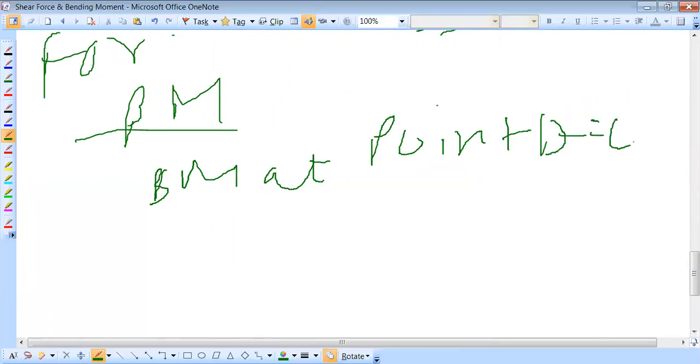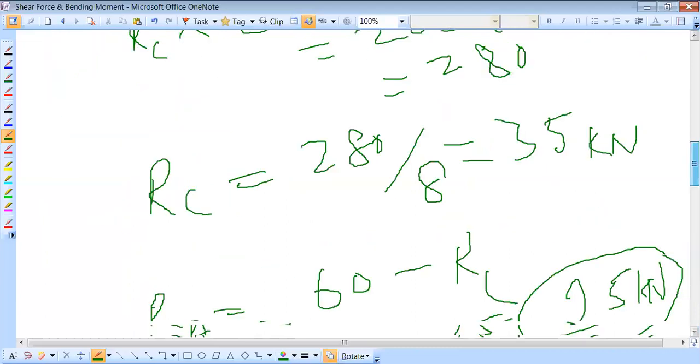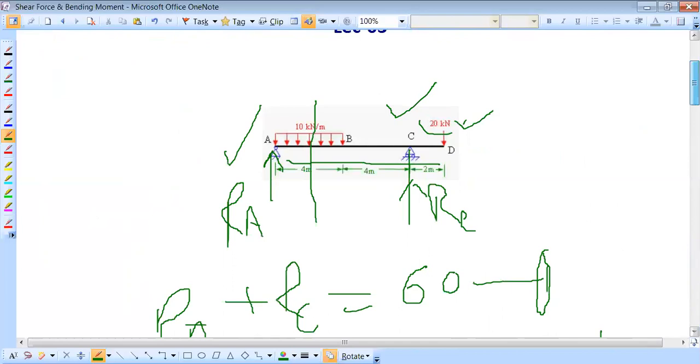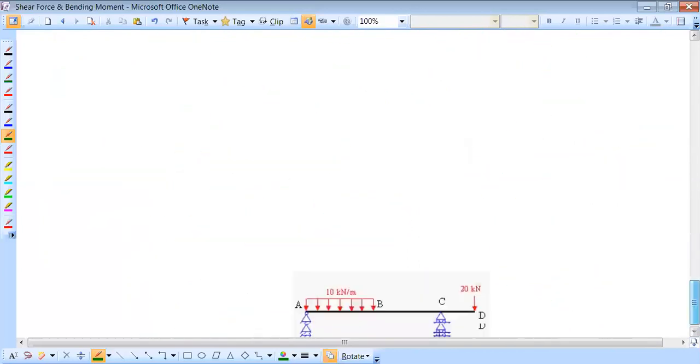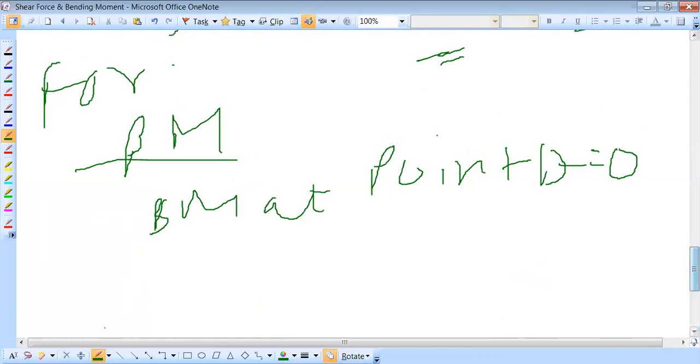That is okay. Then BM at D is 0. BM at point C is equal to how much?